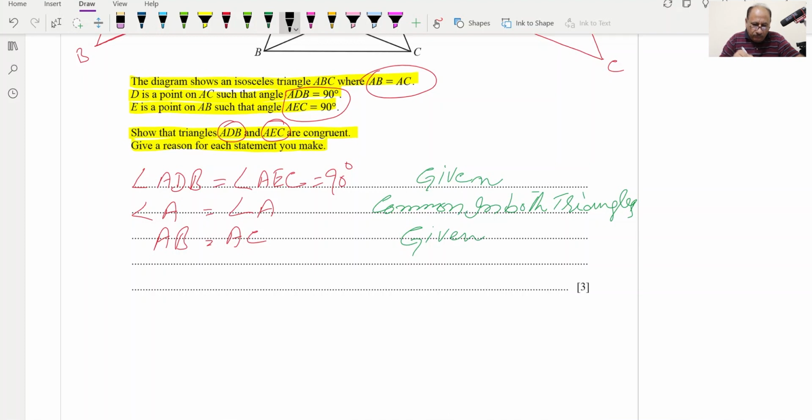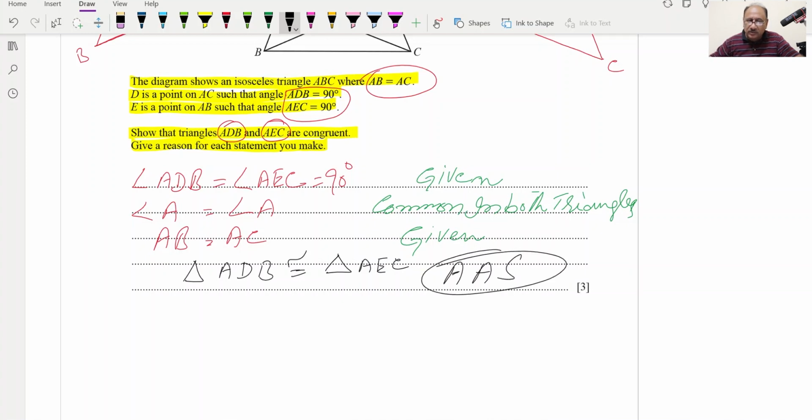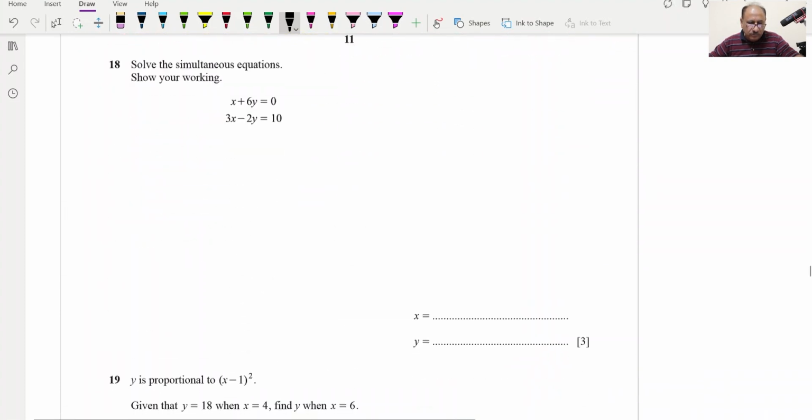So from here we can write triangle ADB is congruent to triangle AEC, and this is by which theorem? Theorem AAS, angle angle side. Two angles and one side are congruent, hence both the triangles are congruent. Hopefully you understood this. Now question number 18.